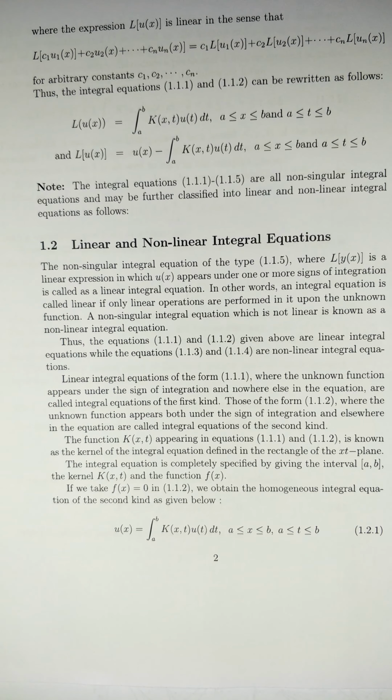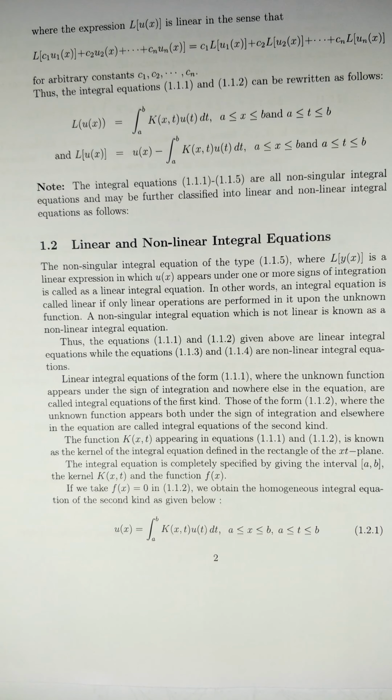So if we take f equal to 0 in 1.12, we obtain what we call a homogeneous linear integral equation. If you consider 1.12, which is this equation here, and then take f equal to 0, then what we have is u(x) equals the integral from a to b of k(x,t) u(t) dt.